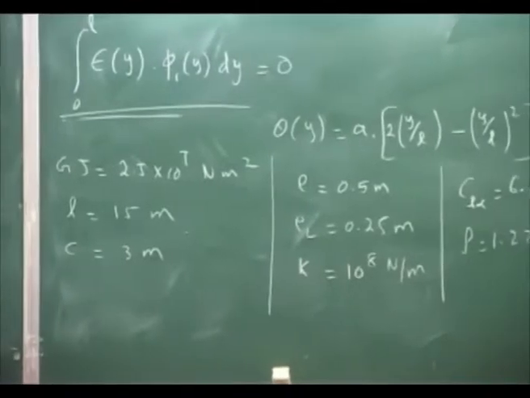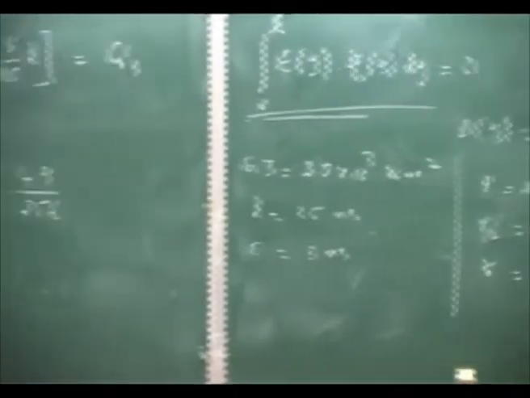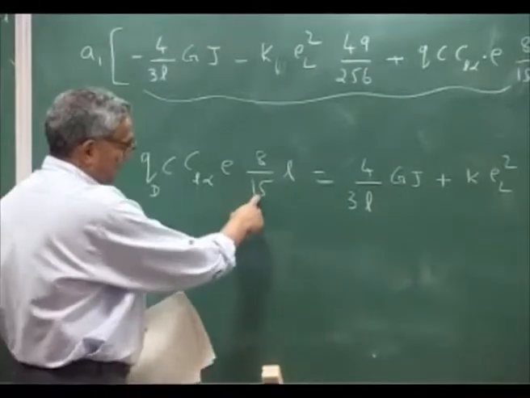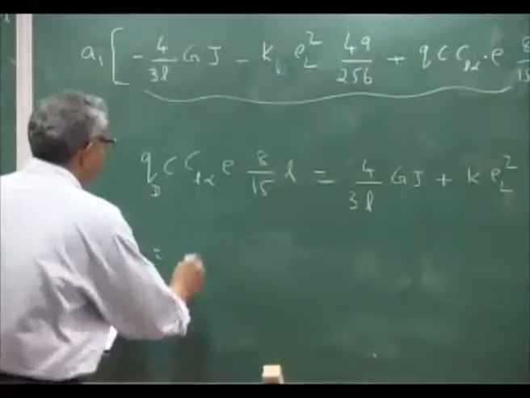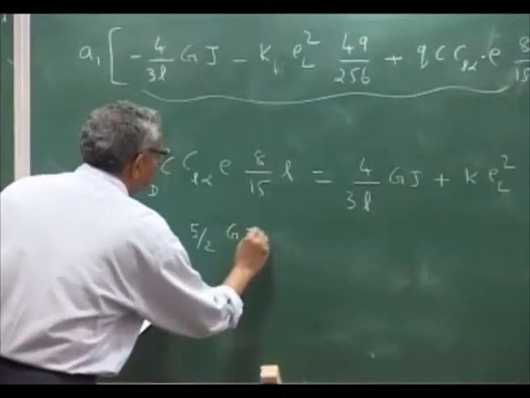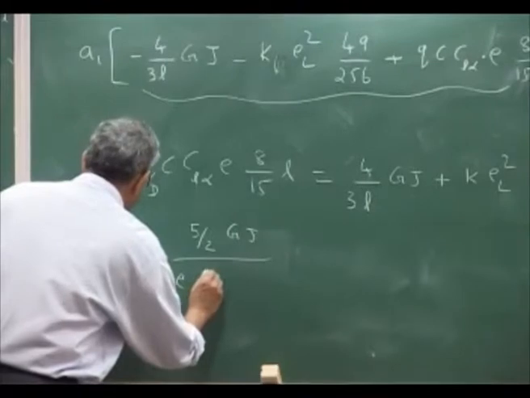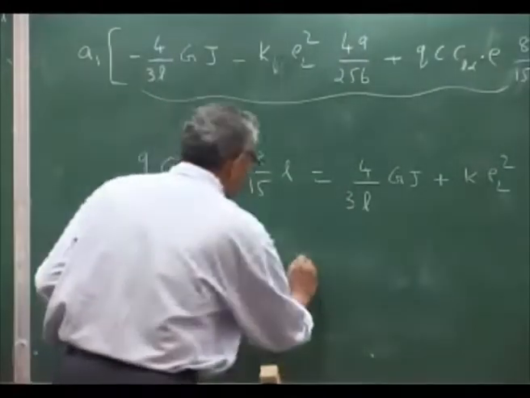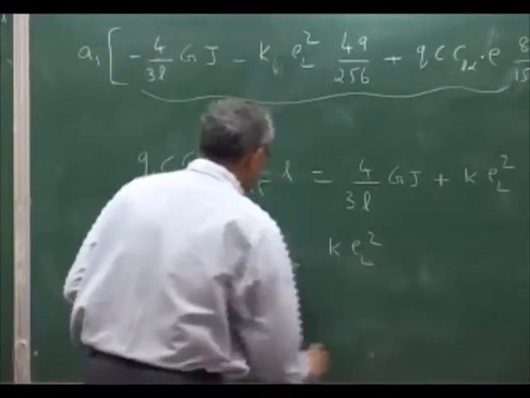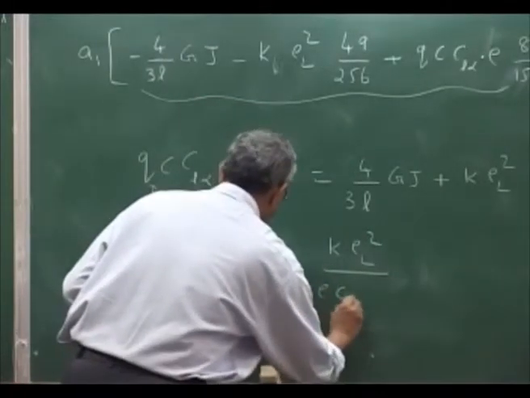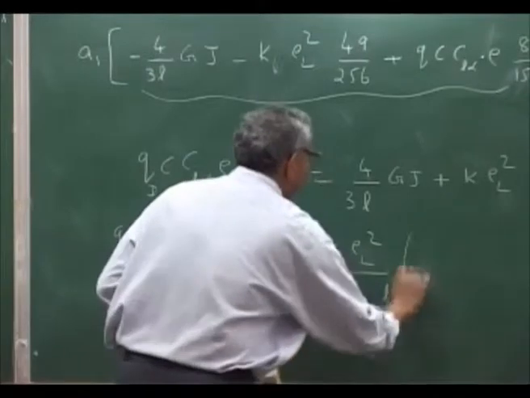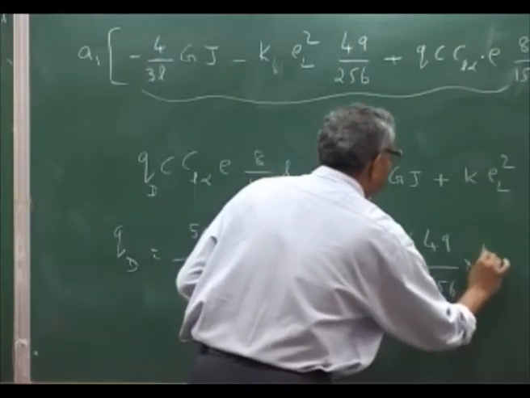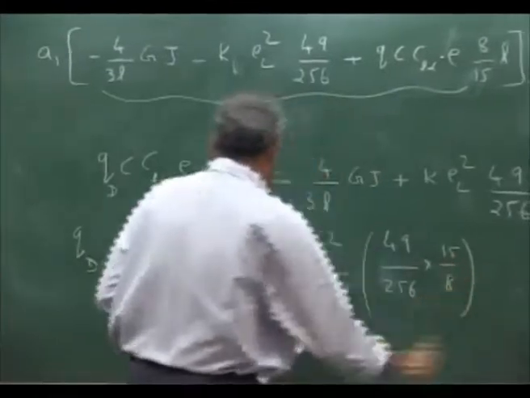What you do is you go back and substitute. If you look at this entire expression, QD becomes, because this is 15, so it will become 5 over 2 Gj over E C Cl alpha L square, plus K EL square over E C Cl alpha into L, 49 over 256 multiplied by 15 over 8.